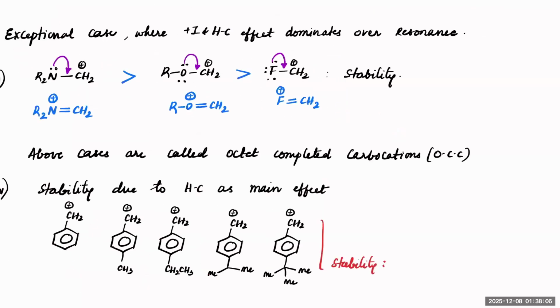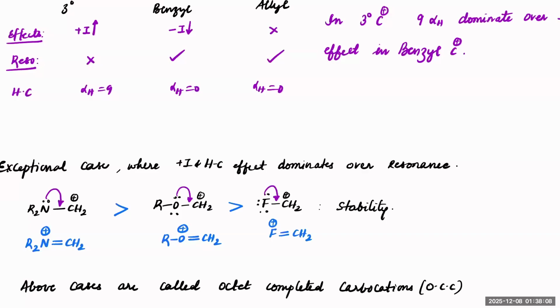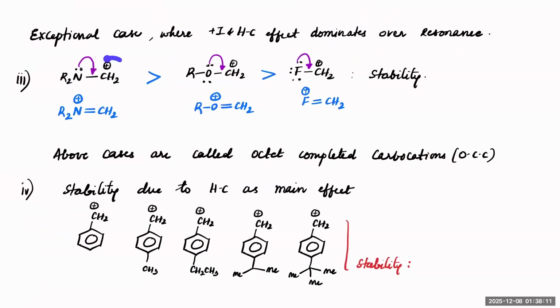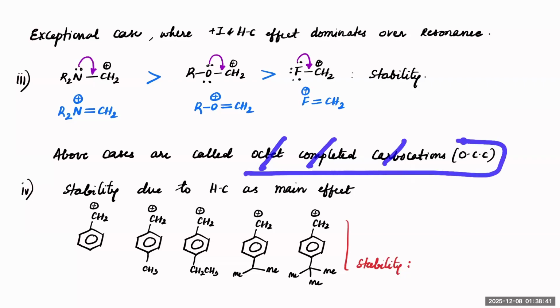Now, just to close this case, you notice that initially when carbon has a positive charge, its octet is incomplete. After nitrogen gives its electrons and makes a pi bond, the number of electrons on carbon is 8 and on nitrogen is also 8, which means the octet has been completed. These kinds of resonating structures where the octet is completed on a carbocation are called OCC, octet completed carbocations.